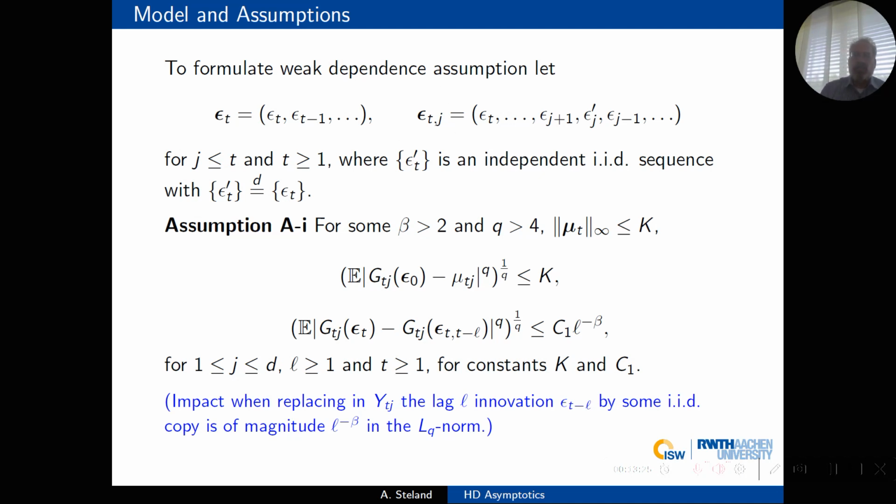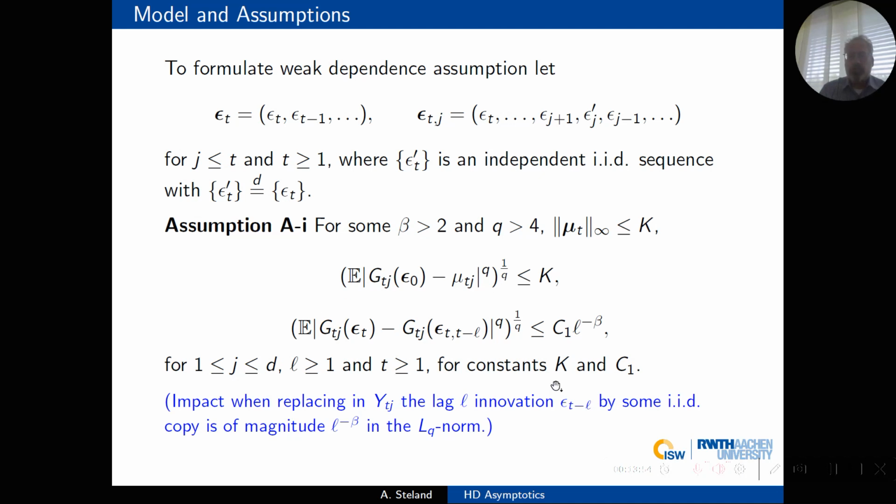And the assumption we need is, first, that we have bounded absolute moments of order q, at least of order 4. But we will see in our results that we have a slightly better approximation rate if we have bounded moments of higher order.